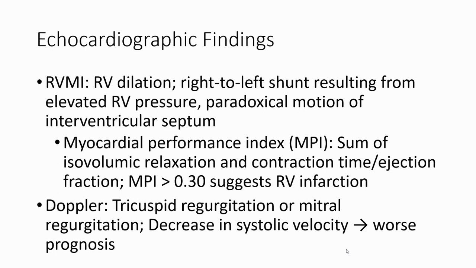Right ventricle myocardial infarction: we can find right ventricle dilatation, right to left shunt resulting from elevated right ventricle pressure, paradoxical motion of the interventricular septum.